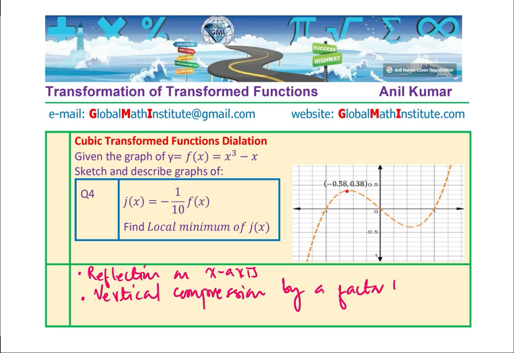By a factor of 1 over 10. So that means these points are going to remain the same even when we have a reflection. But the vertical points will be very small. You see that? So our graph will be like this.